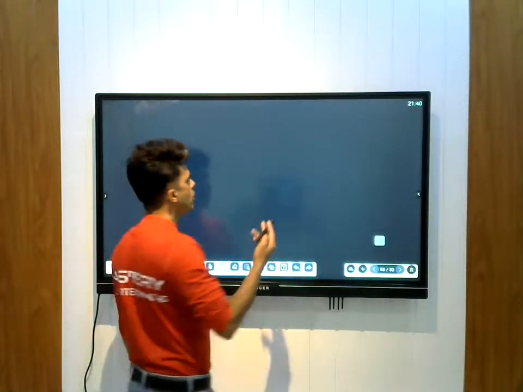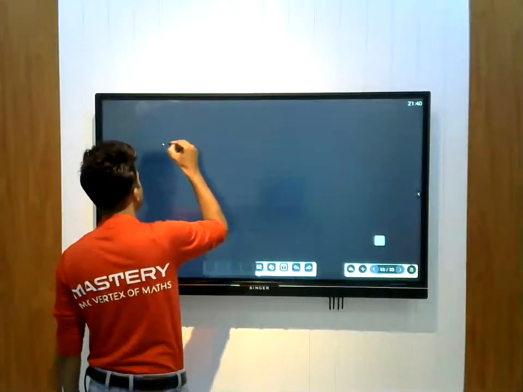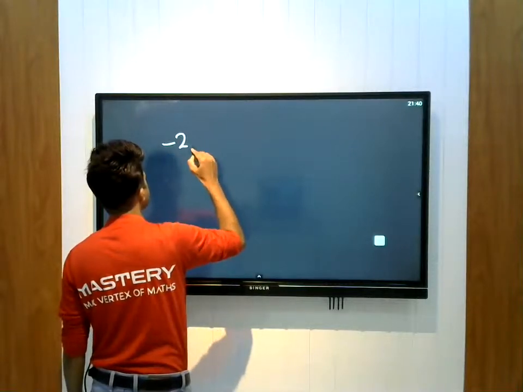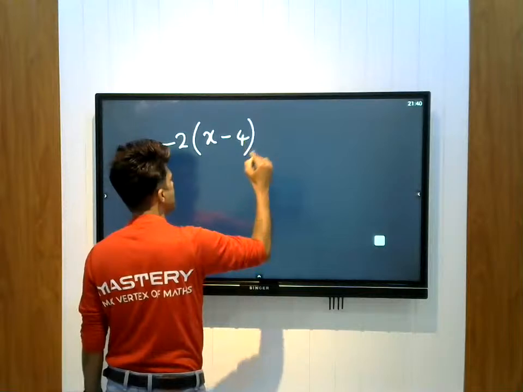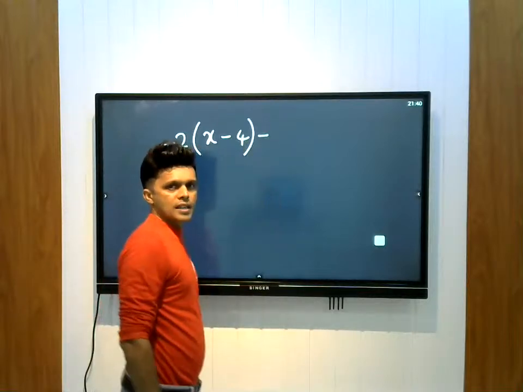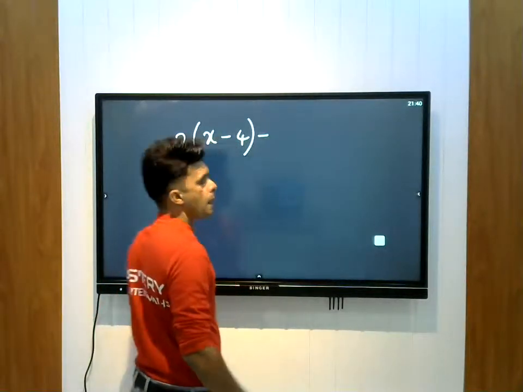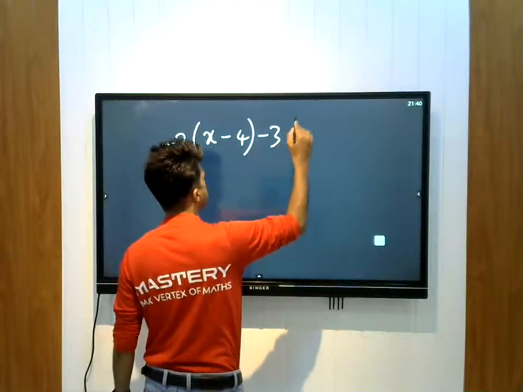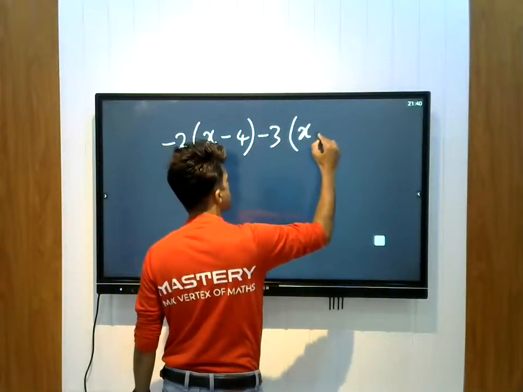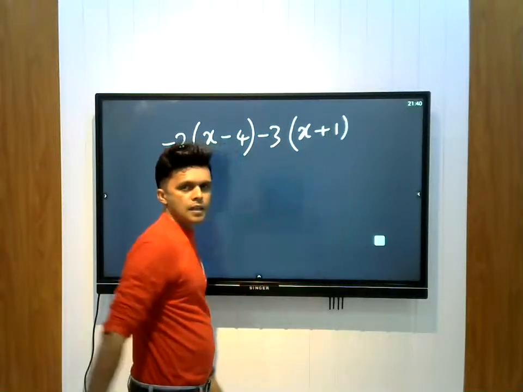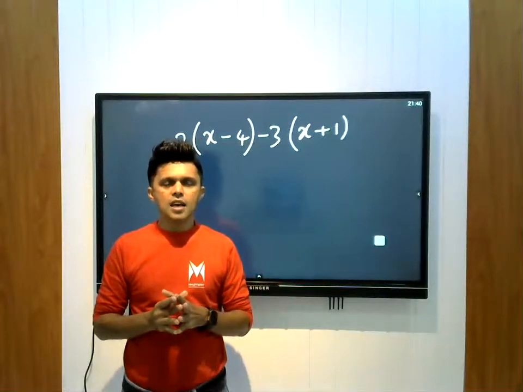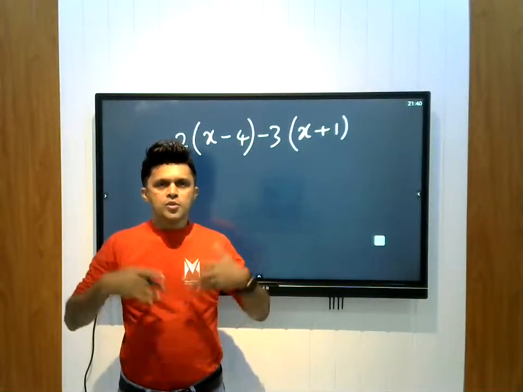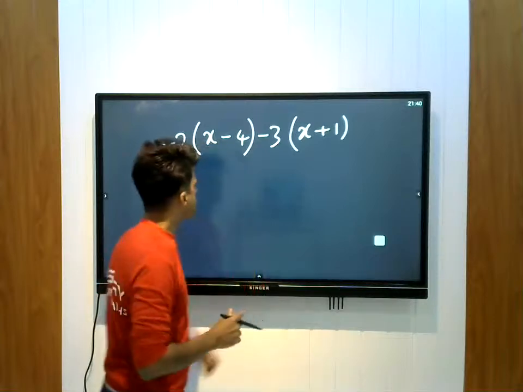Remove the brackets and simplify. Here I will mention 2 brackets: x plus 1. How do you simplify this type of one?